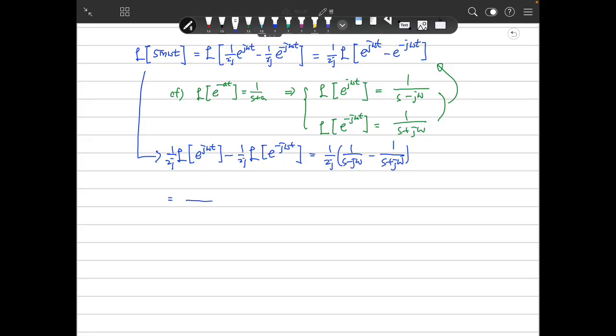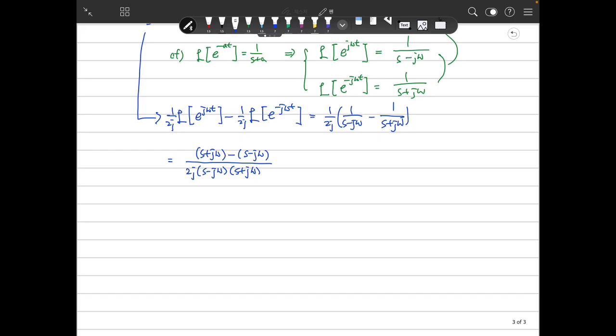So it will be 1 over 2j times s plus j omega minus s minus j omega over s minus j omega times s plus j omega. So that will be omega over s square plus omega square. So this is the Laplace of sine omega t.